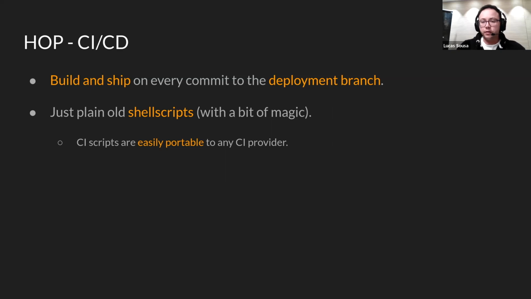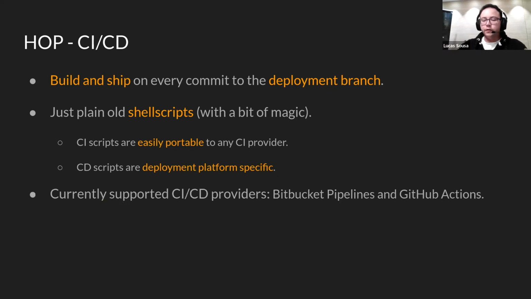That is, we run the pipeline on Docker as well, so we guarantee that what you are doing locally is also the same when you run in the pipeline. And the CD scripts are a bit more platform specific, because they have some instructions depending on your platform of deployment of choice. And of course, we have the other files that are CI/CD provider specific, which orchestrate these scripts to run your pipeline.